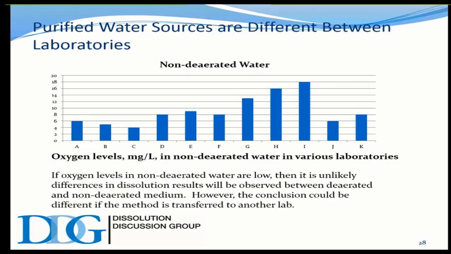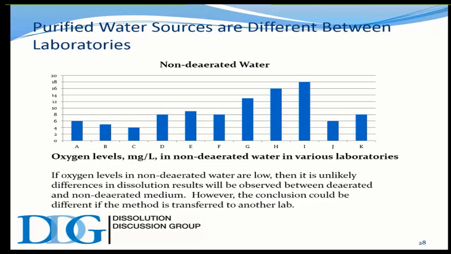I can look at this chart and almost tell laboratories, probably like A, B, C, and perhaps J, that may have been producing water many years ago. This article came out a while back, but may have been produced from distillation, which was not an uncommon practice 15, 20 years ago.